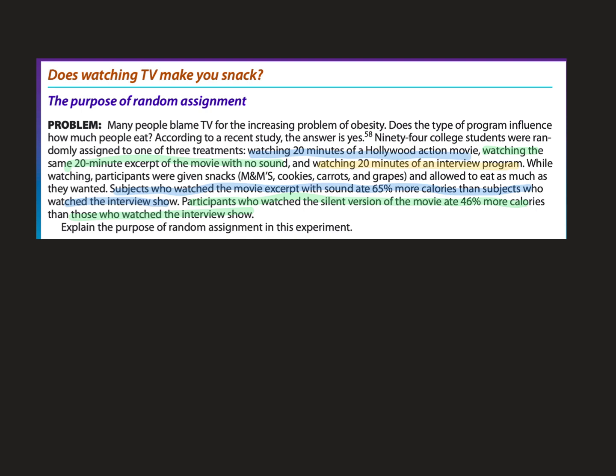So when we have the group of 94 people that have already been sampled, so not the random sampling, but the random assignment. We have those 94 people, and then randomly assigning them to one of the three treatments. What's the purpose of that?